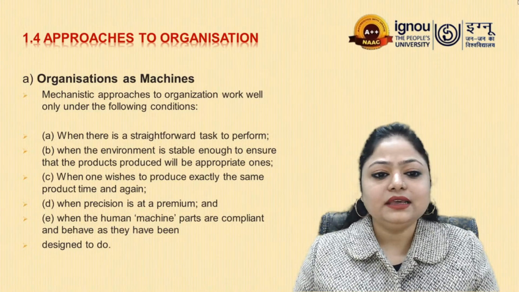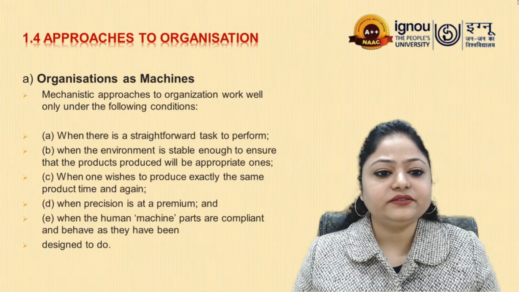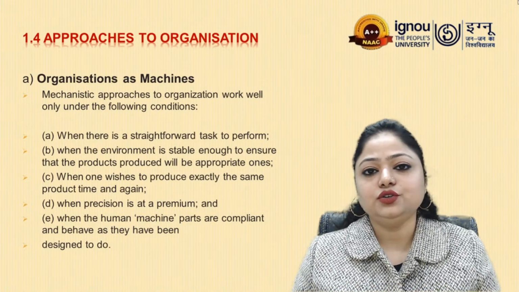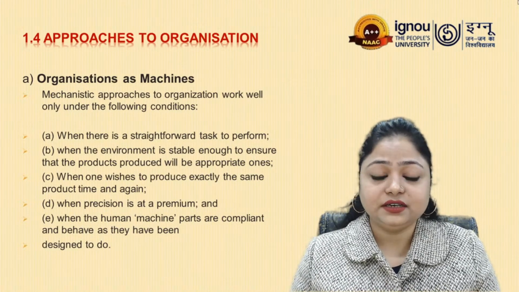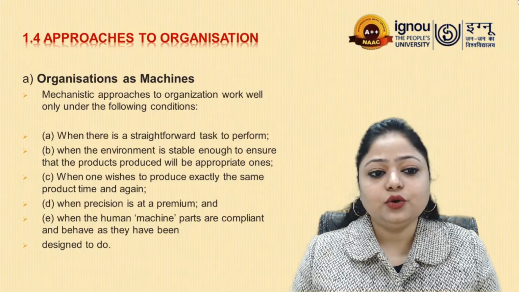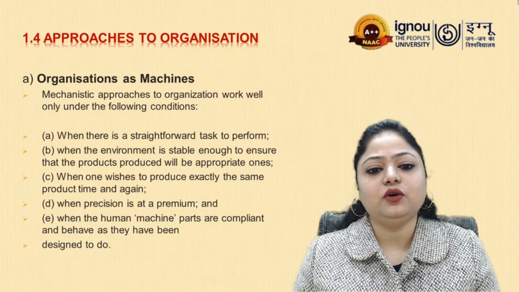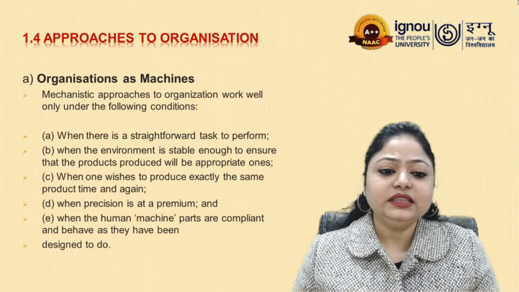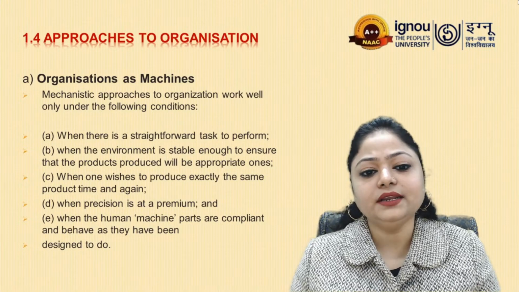So, when there is a straightforward task to perform, there is no hindrance from the outside world. There is no involvement or effect. It cannot affect the internal decision. So a straightforward task has to be performed. Then only can we consider organization as a machine. Then, when the environment is suitable enough to ensure that the product produced will be appropriate.